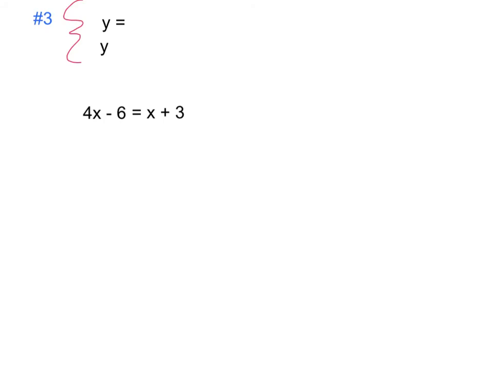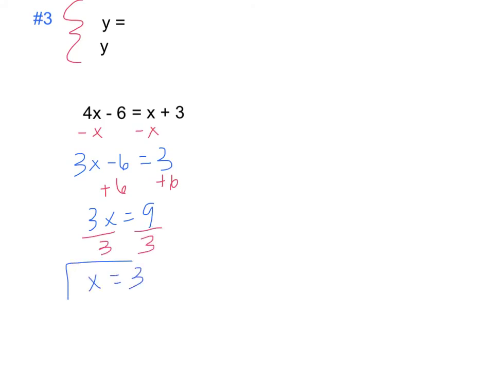And I can solve for x now. If I subtract x from both sides, I'm left with 3x minus 6 is equal to 3. To get rid of that negative 6, I'm going to add 6 to both sides. And I'm left with 3x equals 9. I can divide both sides by 3 to find that x is equal to 3.